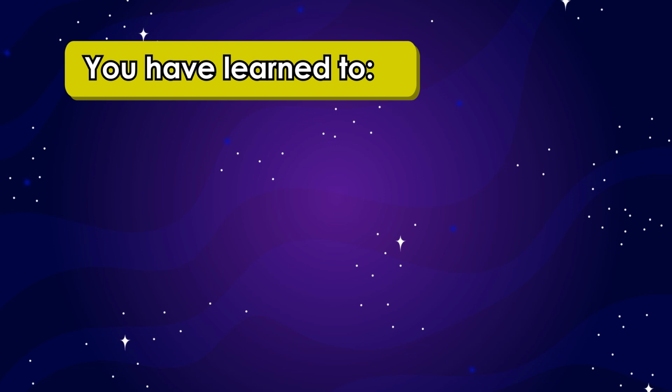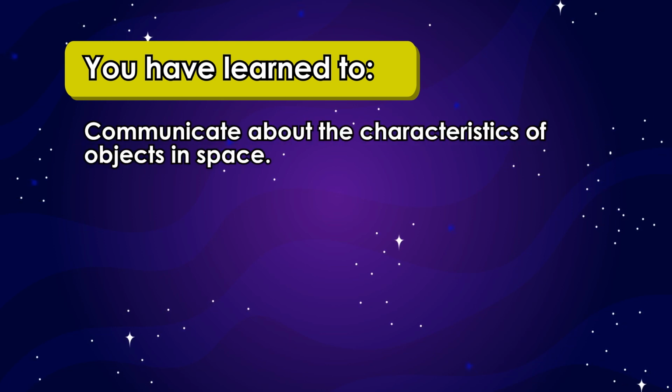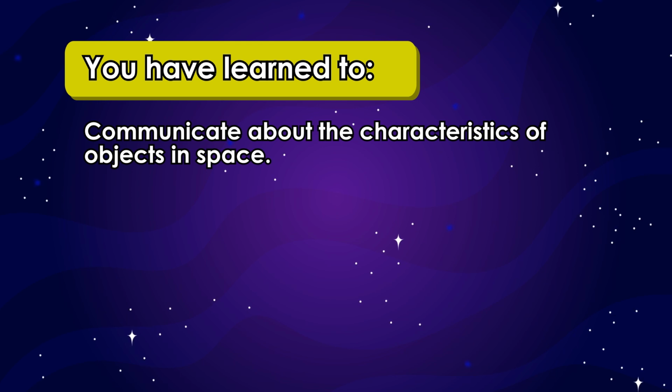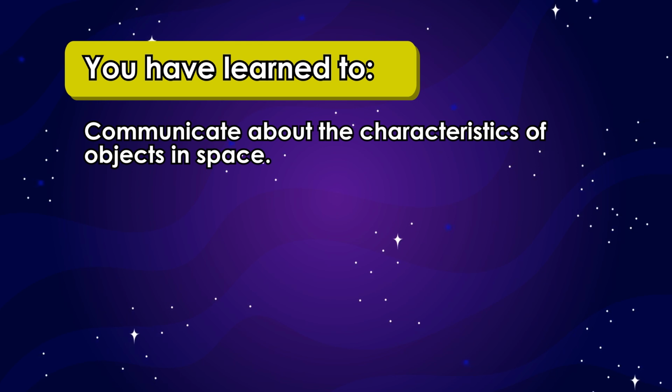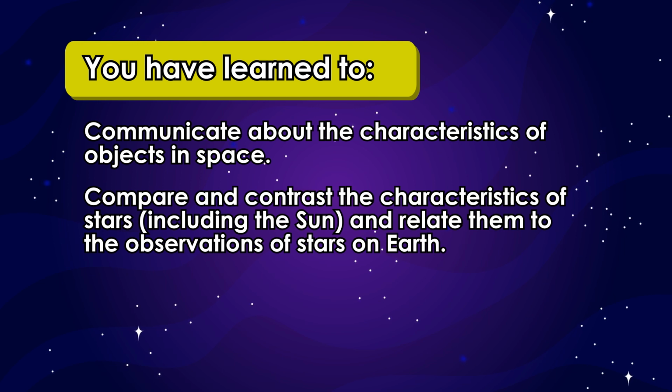Now, pupils, before we end, let us see what you have learned in this lesson. In this lesson, you have learned to communicate about the characteristics of objects in space. Compare and contrast the characteristics of stars, including the sun, and relate them to the observation of stars on Earth.